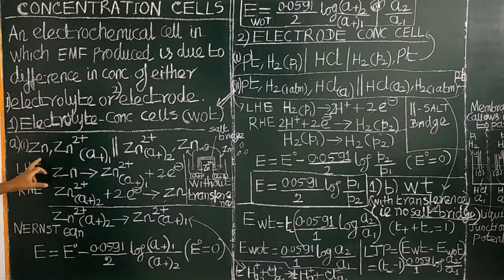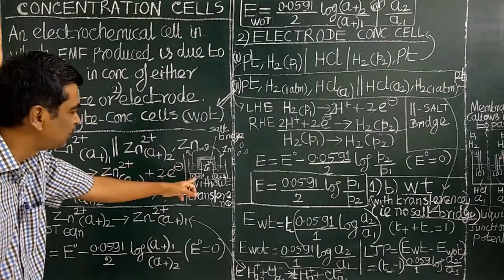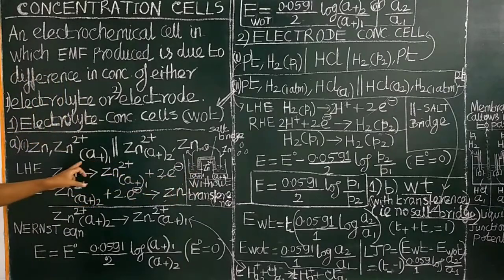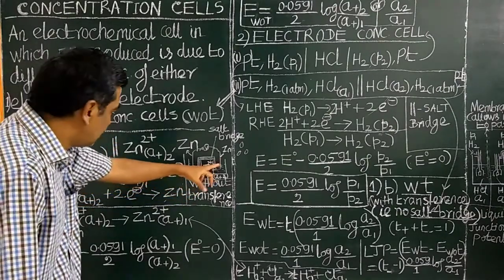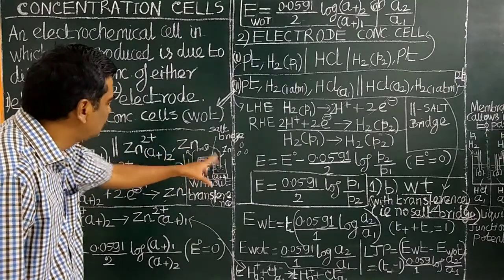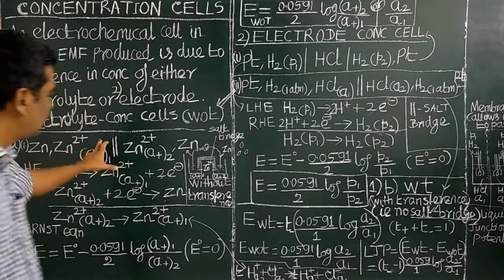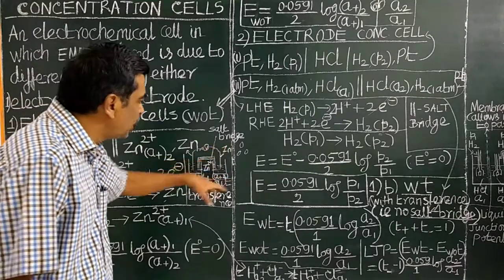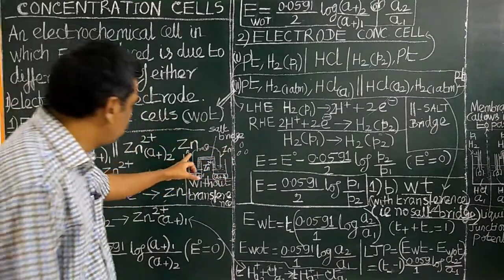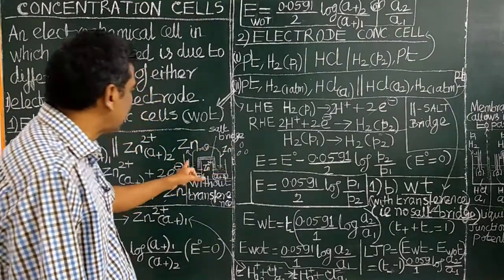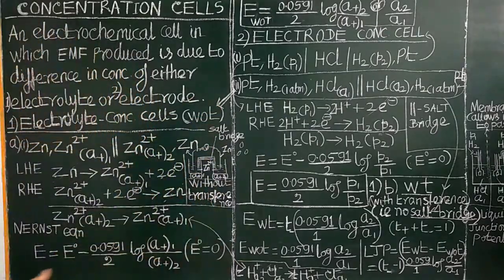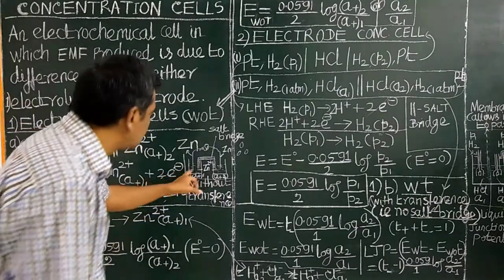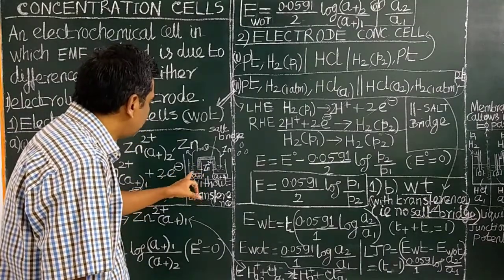For example, a zinc electrode is immersed in zinc sulfate electrolytic solution of concentration or activity A1. This cell consists of two electrodes of the same metal dipped in different concentrations of electrolytes, zinc sulfate of different concentration.